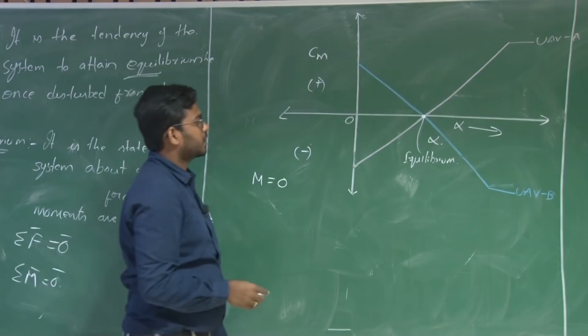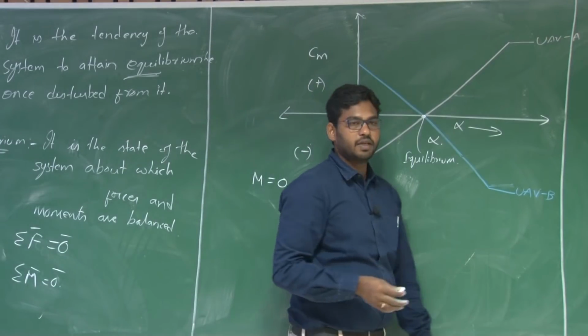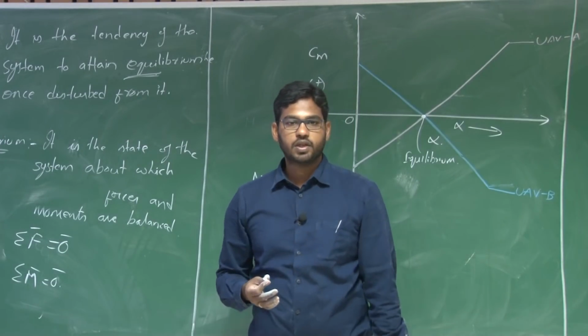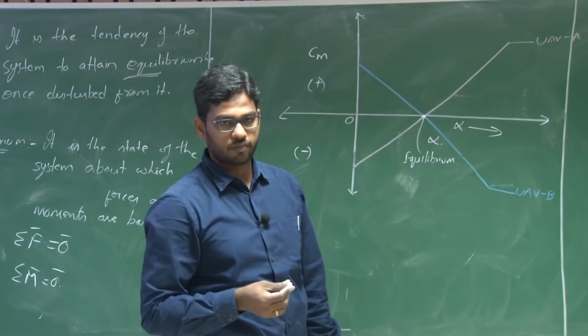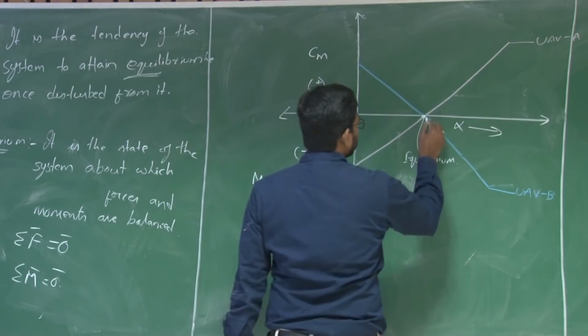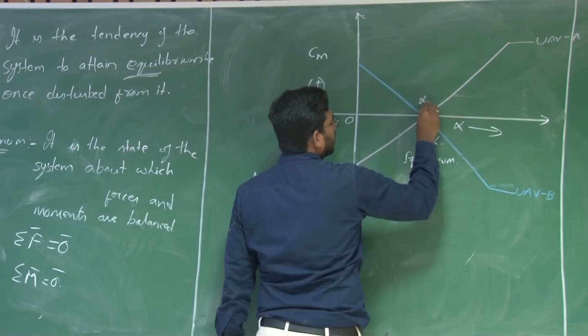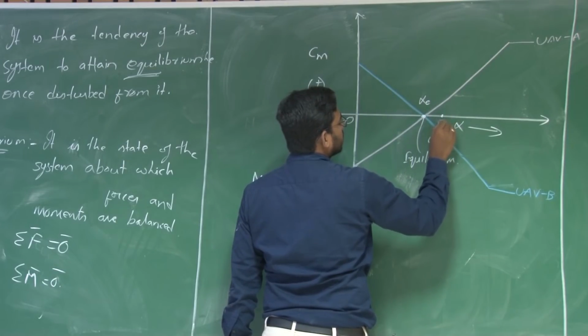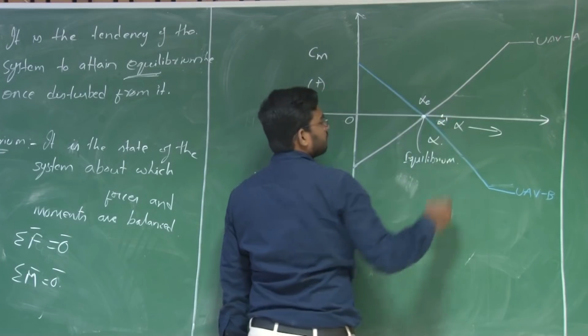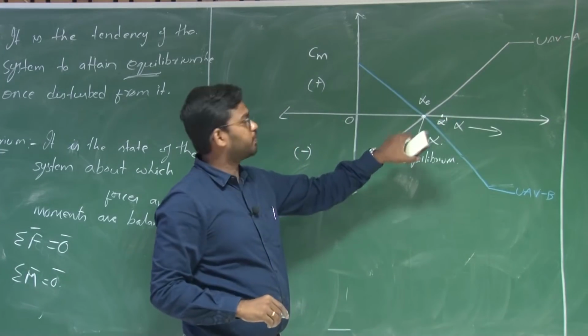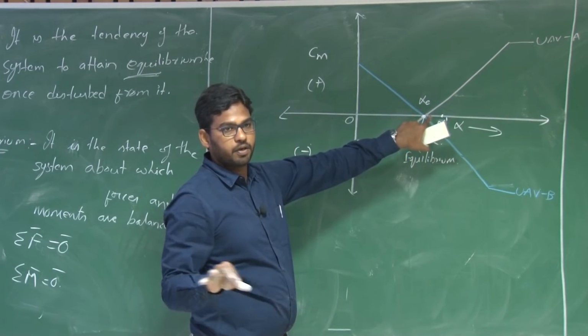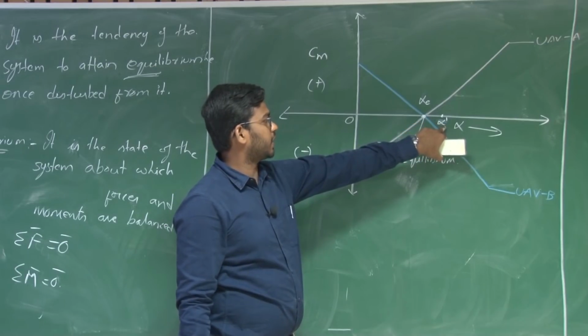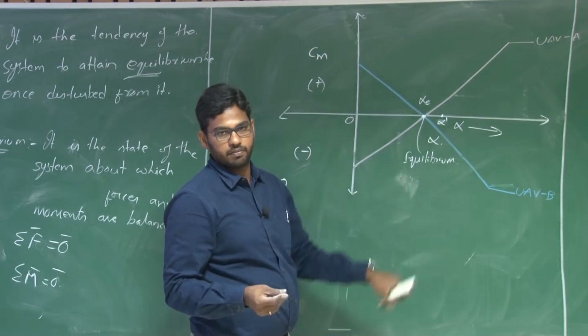Now let us say there is a sudden increase in the gust or the wind which has increased the angle of attack. So this particular equilibrium angle of attack, alpha E, is perturbed by wind, and the resultant angle of attack at that instant is alpha prime.